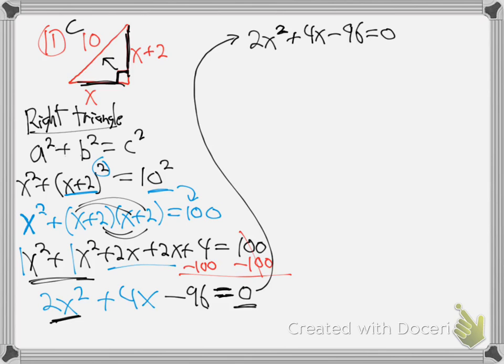Notice that all three of those numbers are divisible by 2. So let's simplify this. Let's just divide by 2 all the way across. Even the right side cancels. So what do we got? x squared plus 2x minus 48. Use your calculator if you're a little rusty on that. And 0 divided by 2 is just 0.